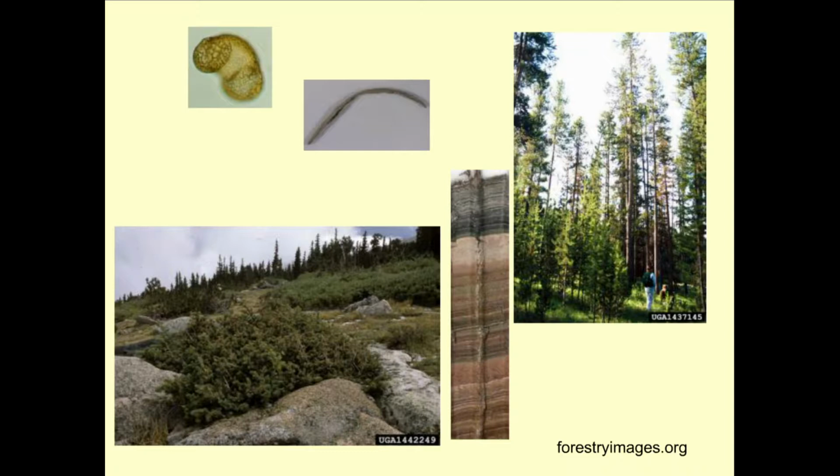So the example I show here is a change from a tree-line environment, something you might see post-glacial. So as the glaciers retreat, you have kind of an open tree-line, parkland type environment. And then as climate warms after the glaciers receded, you see the development maybe of a pine forest. And we can identify this really well in those sedimentary records by the shift in the different types of pollen that are present.